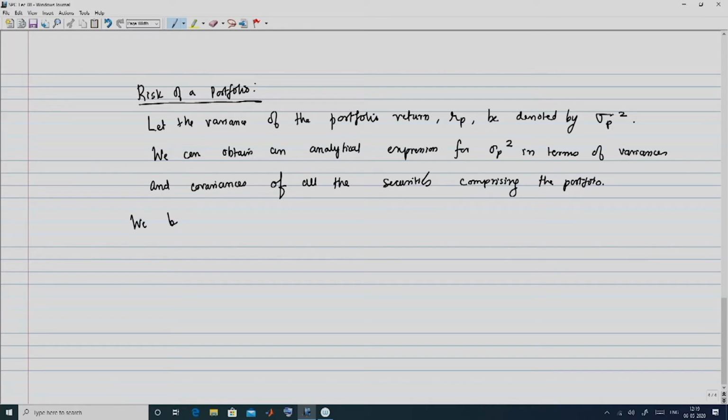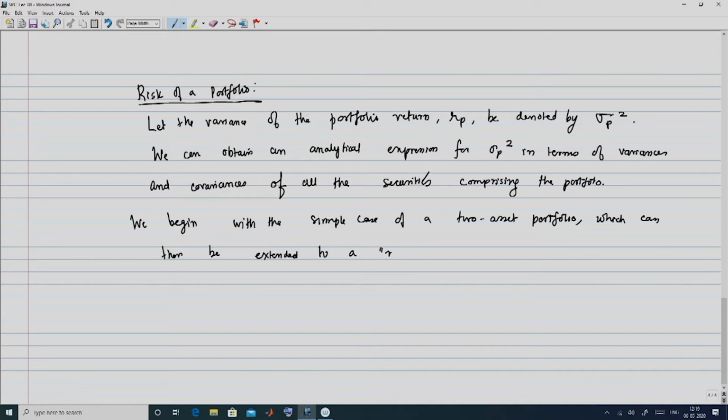So, we begin with a simple case of a portfolio comprising of two assets, and then build upon it, which can then be extended to an n asset portfolio. So, we will first look at the two asset case. Then what is sigma p square going to be?